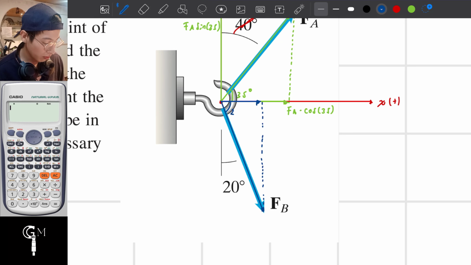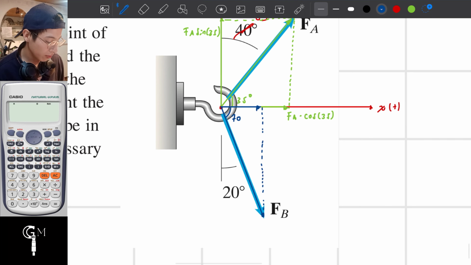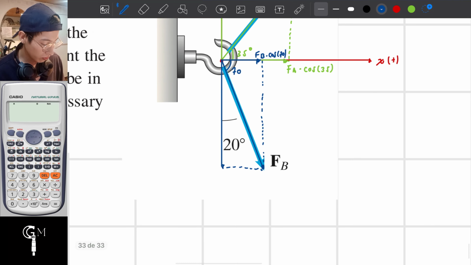So 70, and this is equal to FB multiplied by the cosine of 70. Hence, this force is equal to FB multiplied by the sine of 70 as well.